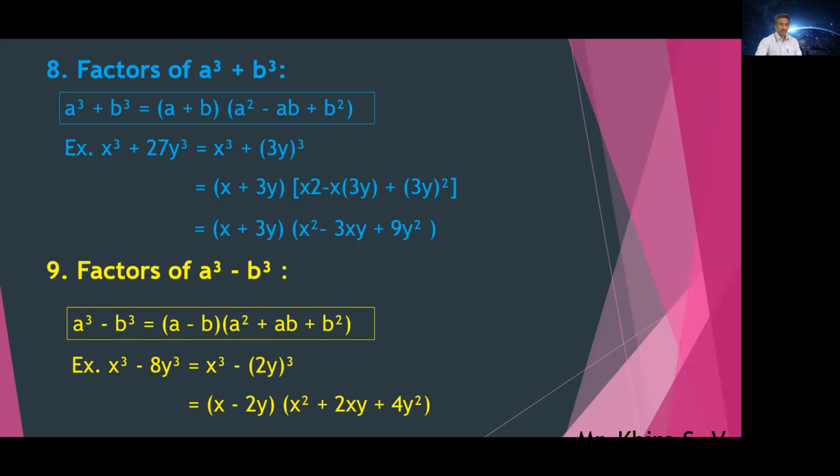Now put the values. Then we will get (x minus 2y) in the first bracket, and in the second bracket x square plus 2xy plus 4y square. Got it? Understood? All is clear?